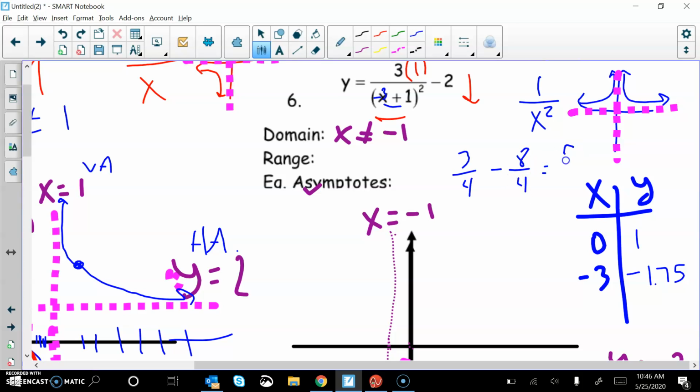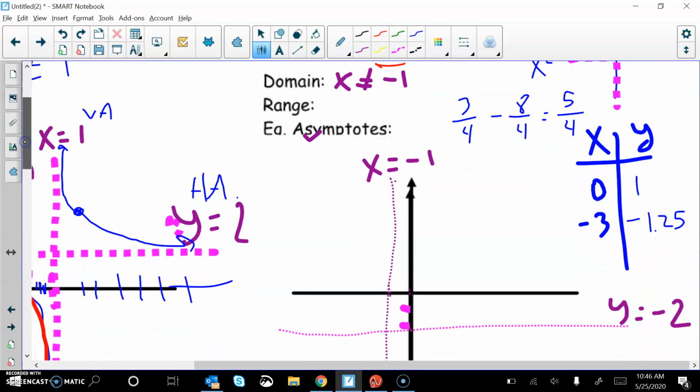It's a good thing I'm verifying it. It appears I made a mistake. Negative 1.25. All right, so 5/4 or negative 1.25. Either one works. I love fractions, but decimals sometimes are easier to work with when you're plotting.